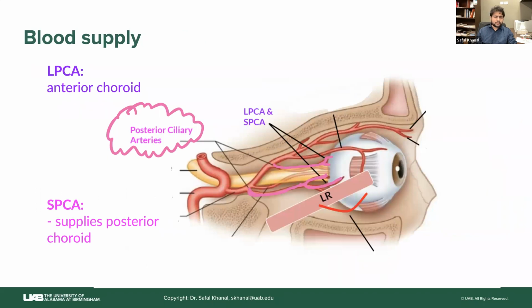What about the blood supply to the choroid? The posterior choroid is supplied by the short posterior ciliary arteries here. The long posterior ciliary arteries supply the anterior choroid.